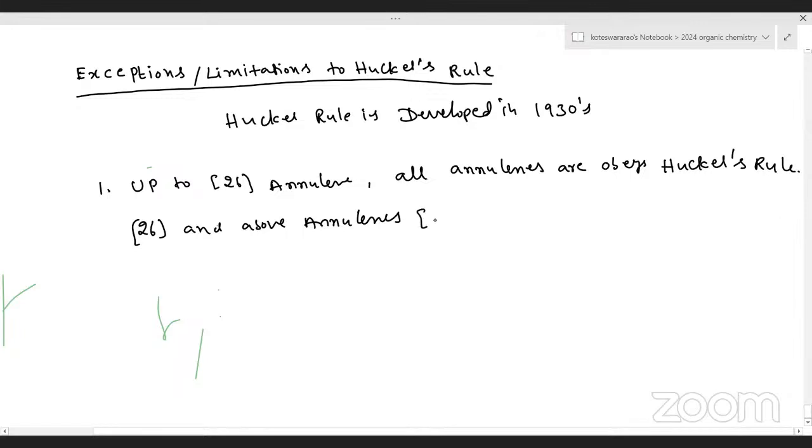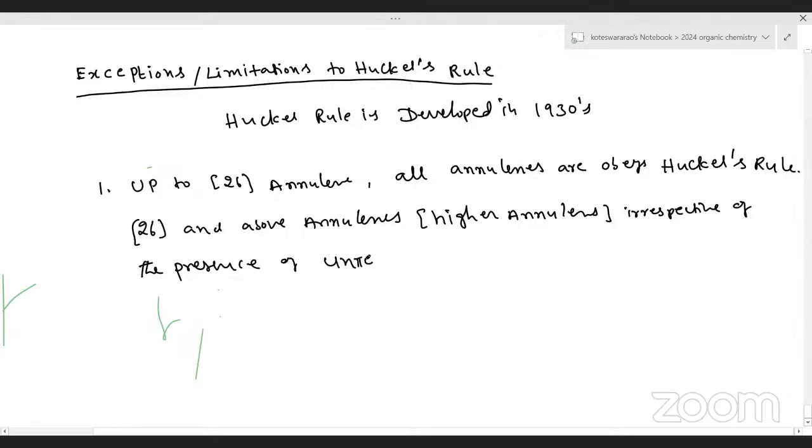simply, I'm putting it in brackets: higher annulenes, irrespective of the presence of 4n electrons or 4n plus 2 pi electrons, are all non-aromatic.